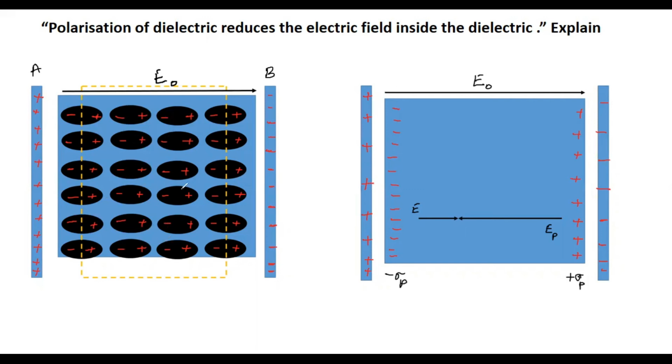So inside this dielectric, this cancellation of charges continues, and at the end you see certain uncancelled charges at the two opposite surfaces of the dielectric. You see uncancelled negative charges at this surface, and uncancelled positive charges at this surface. Because of these uncancelled charges induced at the two surfaces of a dielectric substance, you come across an electric field E suffix P. Now this electric field E suffix P is due to the polarization.